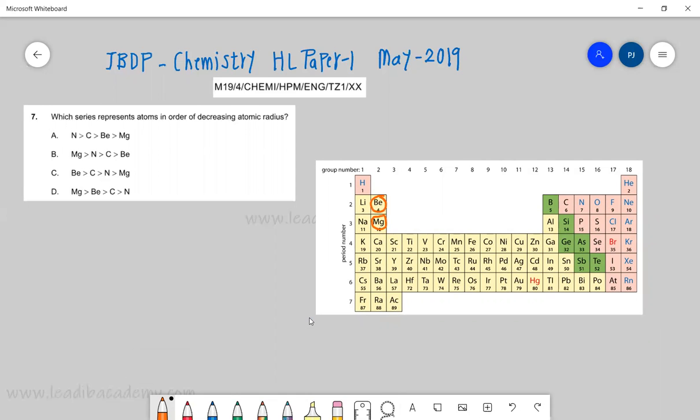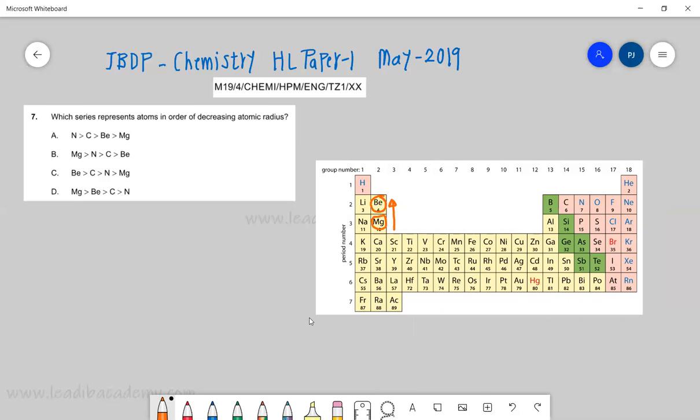Please remember that when we go up the periodic table, the atomic radius decreases. The obvious reason is that we are going from a higher principal energy level to a lower energy level, so there is going to be a decrease. Straightforward, no question on that.